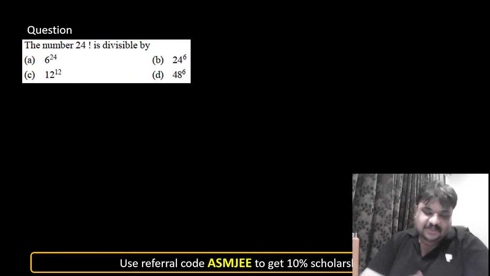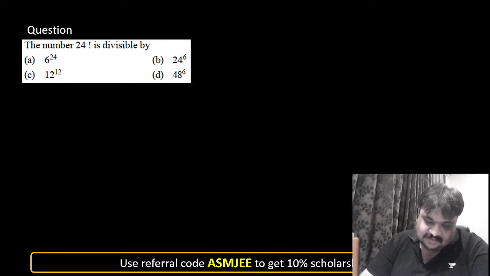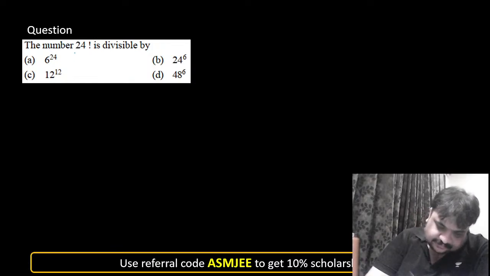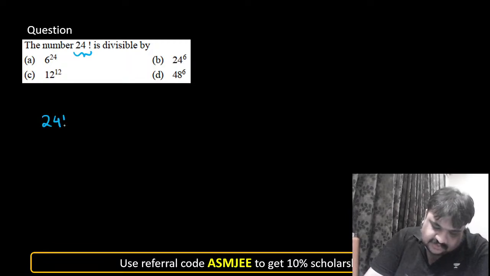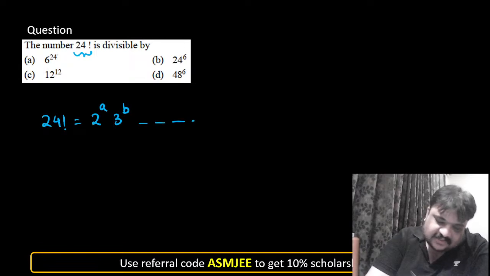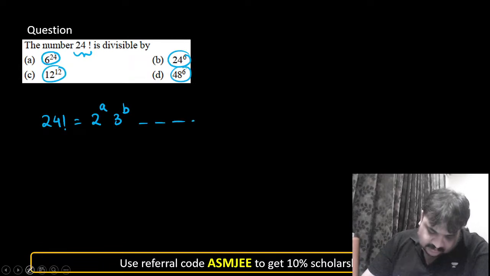Number 24 factorial is divided by... Let's do its prime factorization. So 24 factorial is 2 raised to a and 3 raised to b. We should find out the power of 2. The rest all don't matter because that is what we have to find out: how many powers of 2 and 3 we can take out common.